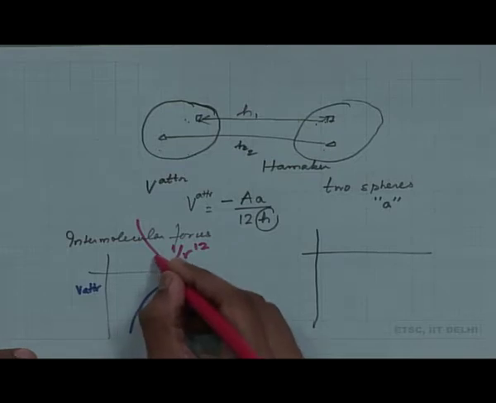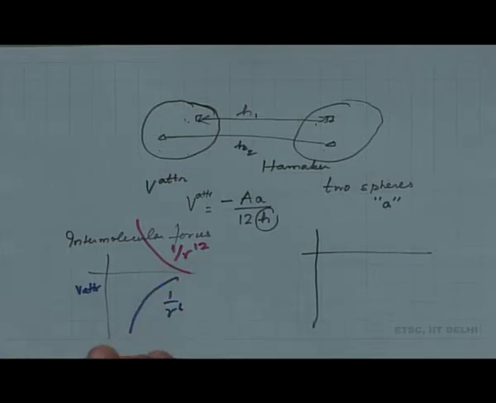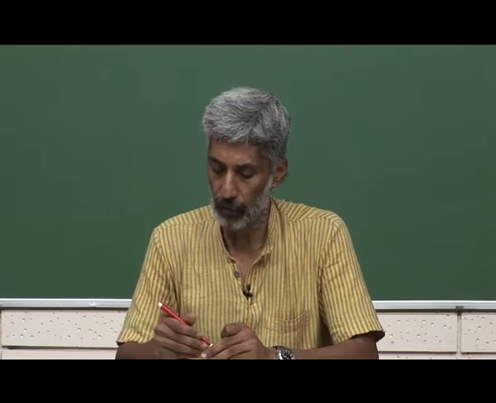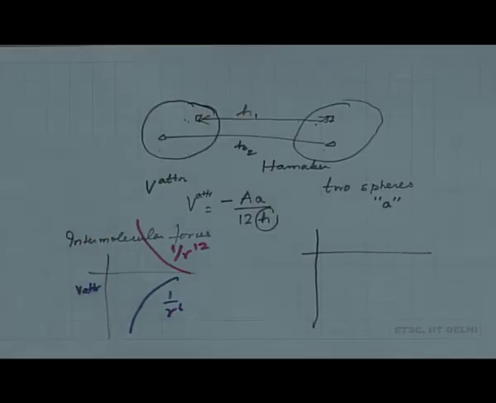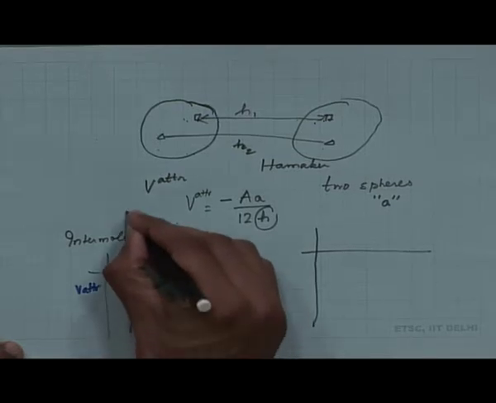So, this is the attractive force and this is the repulsive force where you have two point charges on two molecules. This is the kind of thing that we have come across, and the sum of these two gives you what is called the Lennard-Jones potential. A over r to the 6 minus B over r to the 12 will give you something which looks like this.